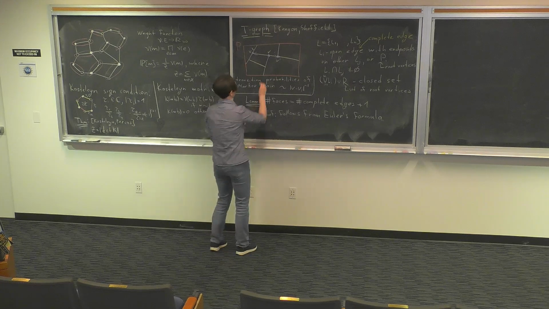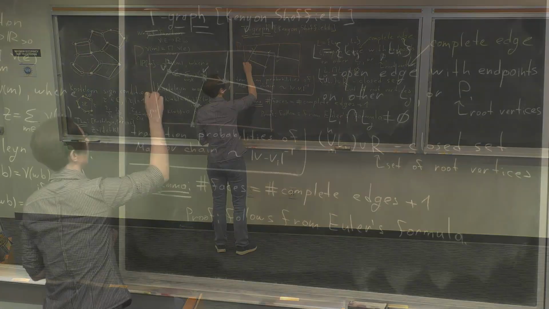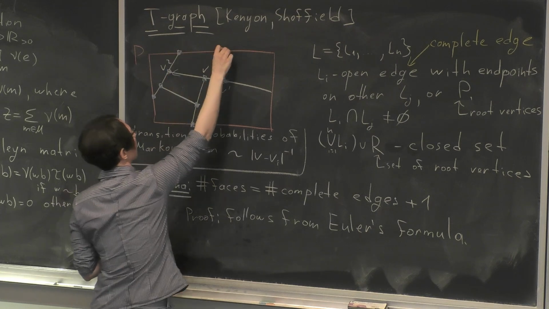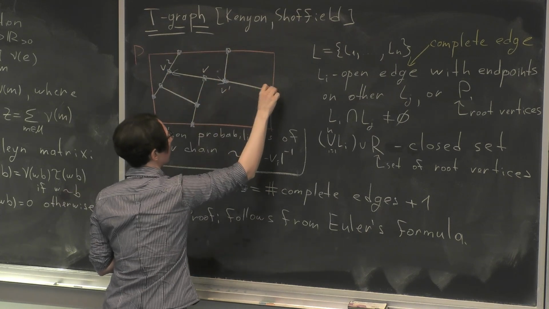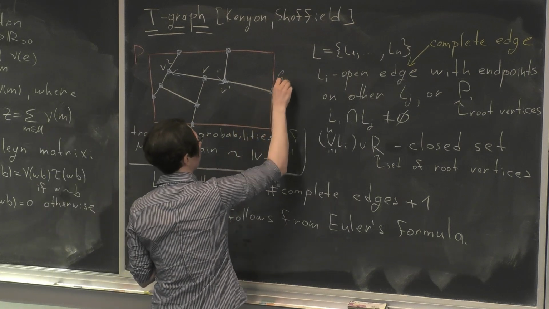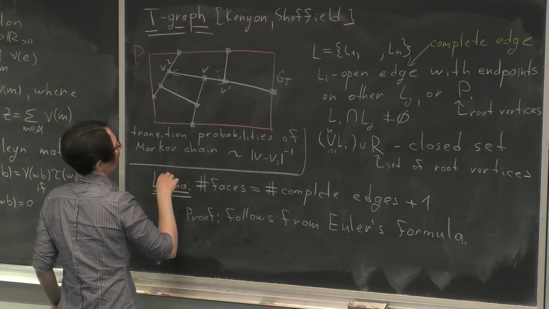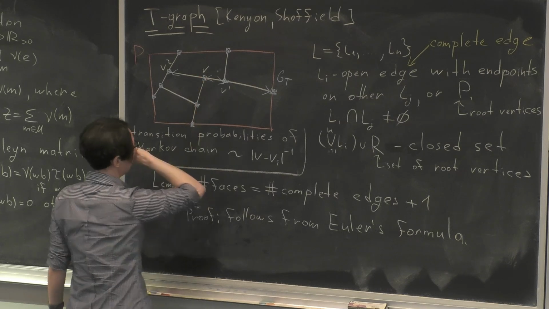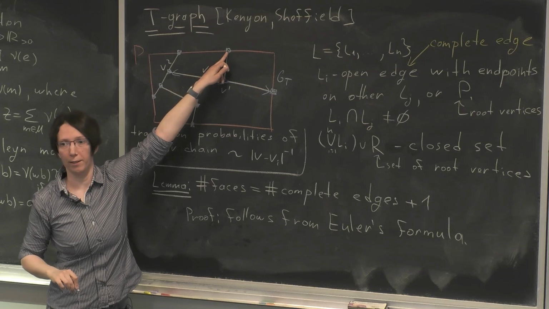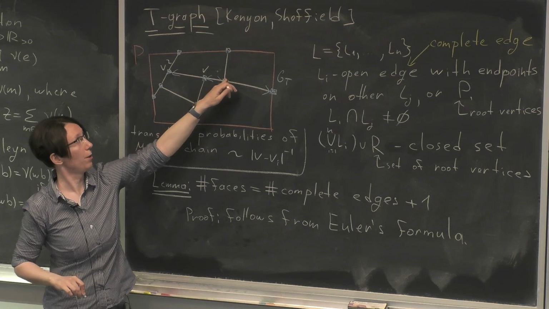So let me draw all vertices of the T graph. And we call this graph GT. Note that this edge never participates in the random walk, because there is no way to go through this edge.